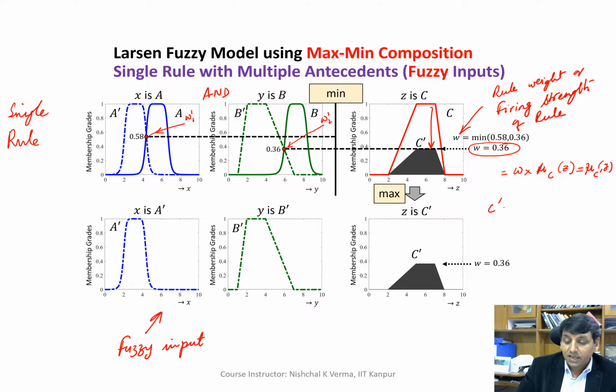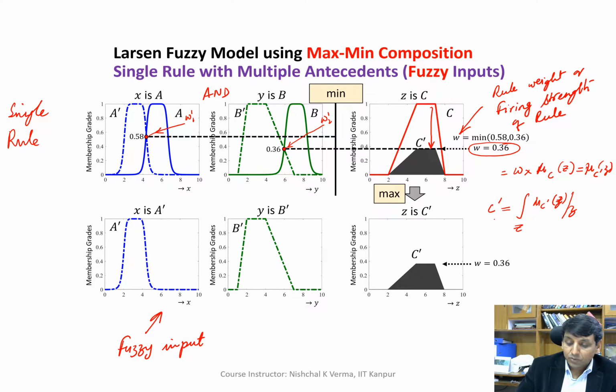So what is C dash here? C dash will be nothing but the fuzzy set defined in terms of mu C dash of Z. No, this is not Y, this is Z. So this is Z, and here we have a small z. This is small z, this is also small z.